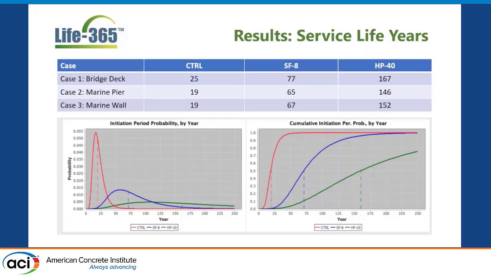The difficult part is using the information in the correct way, and maybe you've got a better way to explain it. That was the best I could come up with, a mathematically based definition of what the probabilities are. But what this is saying is that the control does not meet the 100-year requirement to 90% confidence, but the silica fume and the HP40 do for these mixes.